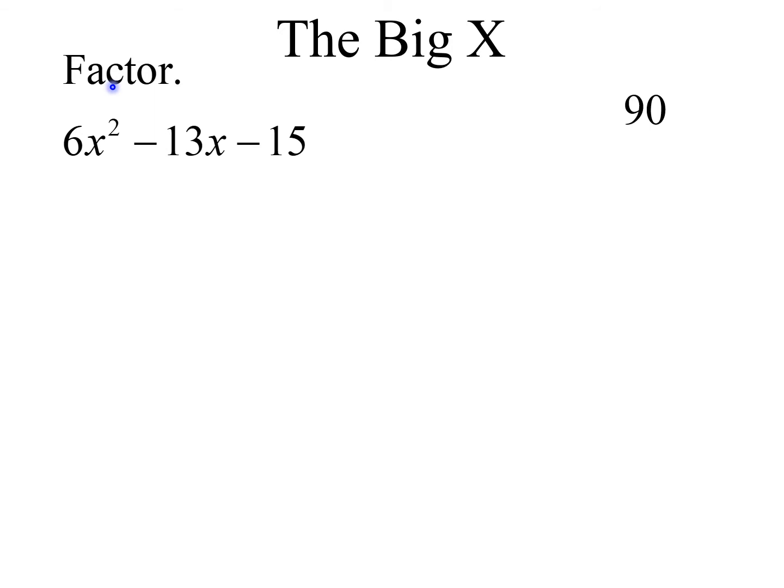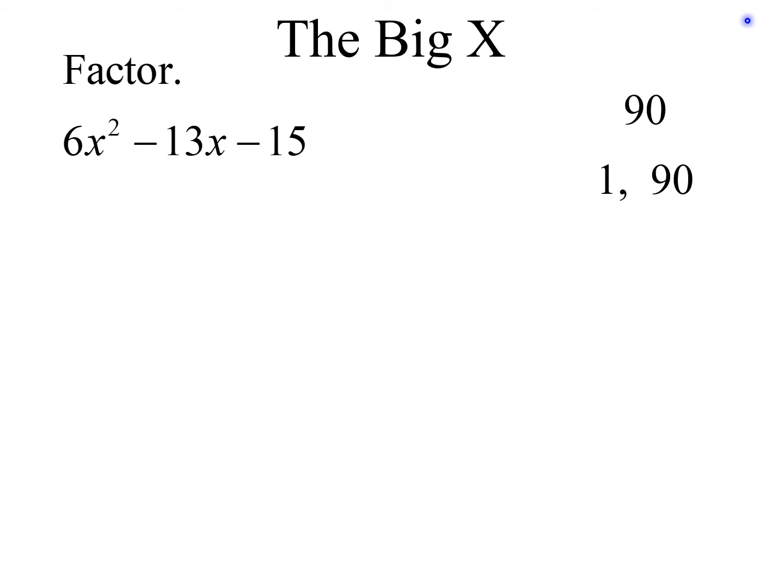Step 2, you have to list the factor pairs of 90. So what number times another number gives you 90? Well, the first one maybe you can think of is 1 times 90. Maybe that's not the first one you thought of, but I always start with 1.